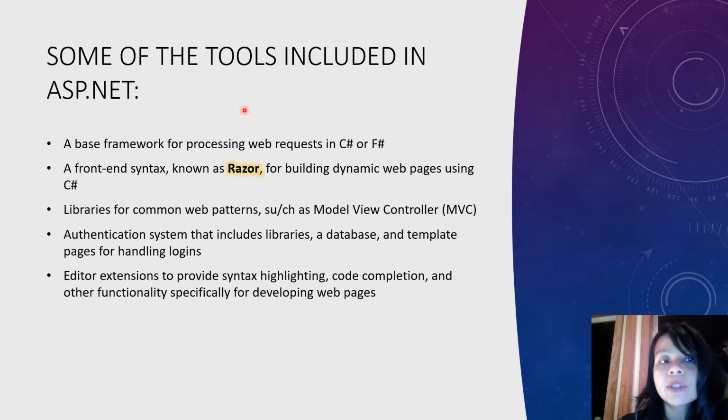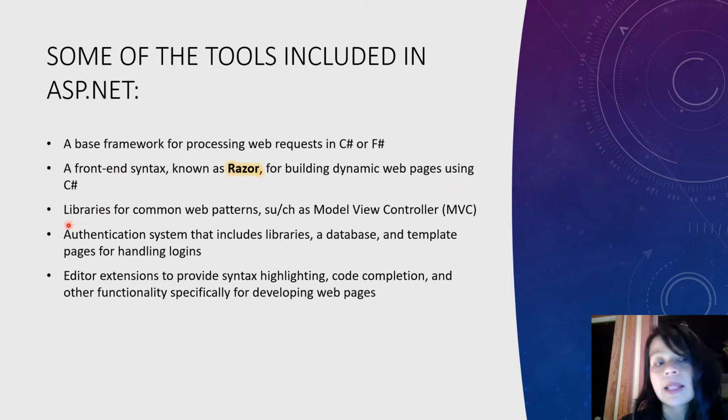So some of the tools included in ASP.NET: a base framework for processing web requests in C#, a front-end syntax known as Razor, for building dynamic web pages using C#.